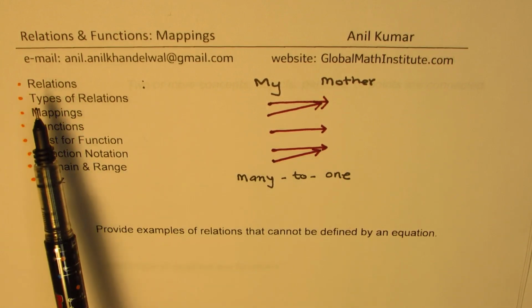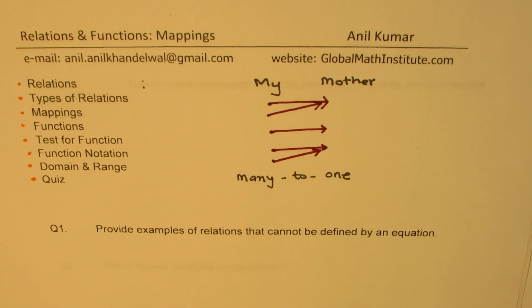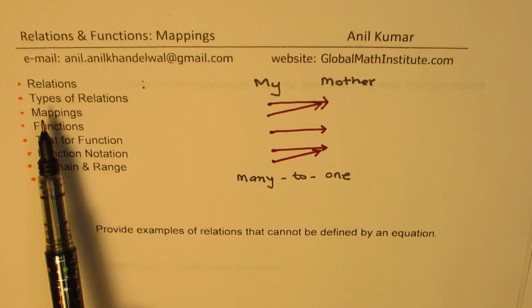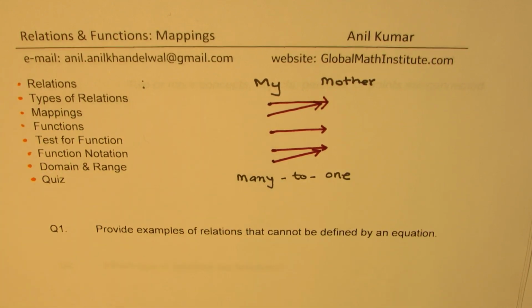So when we say relation, that is a relation. In this world, everyone and everything is related. We need to define the relation all the time. And types of relation, I think you got an idea. We'll get into details later. Right. So what you see here is many are being related to one.